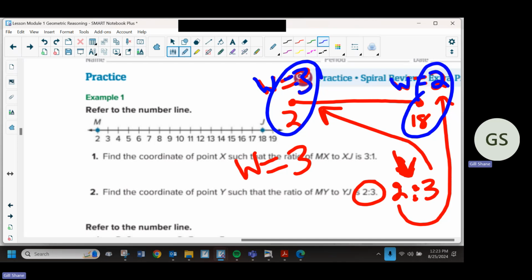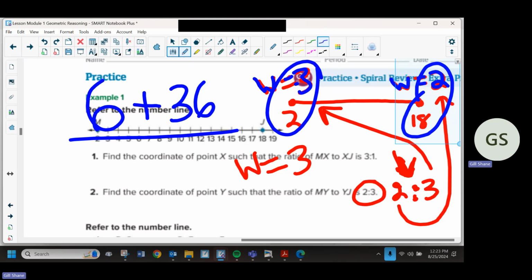So I do that. Circling means I'm going to multiply. 3 times 2 is 6. I'm going to add that to 2 times 18, which is 36. I divide by the weights added together, which is 5. So that's, again, 5 comes from the 3 plus 2 up here where the weights are. 3 there, 2 there.